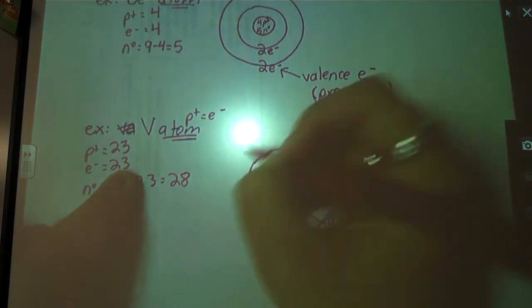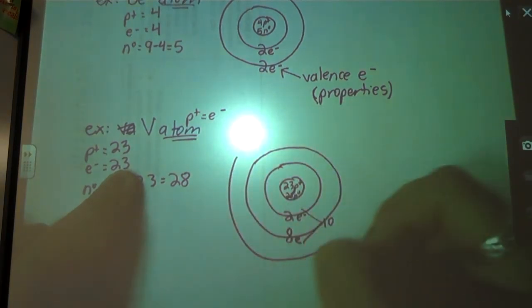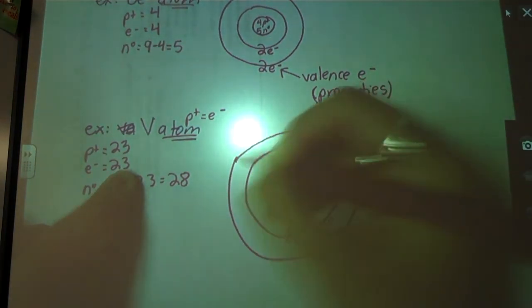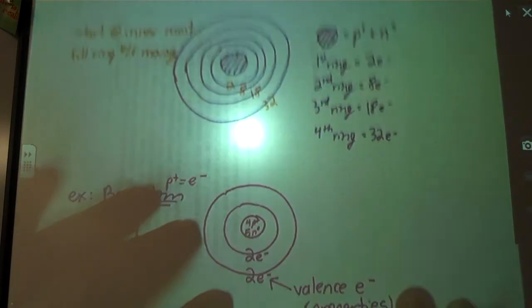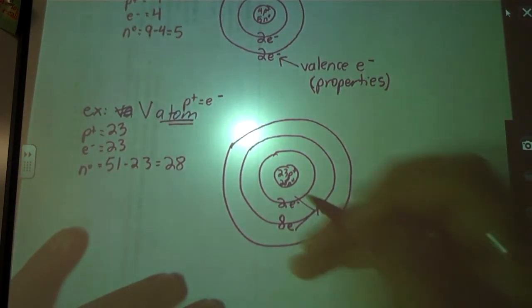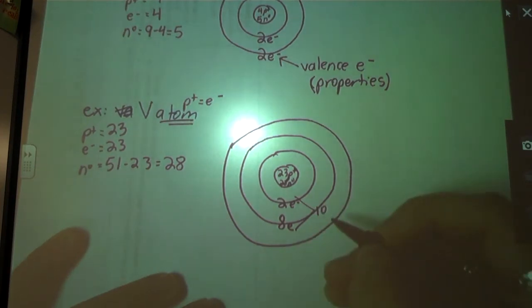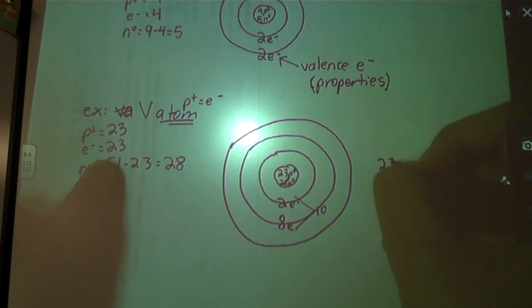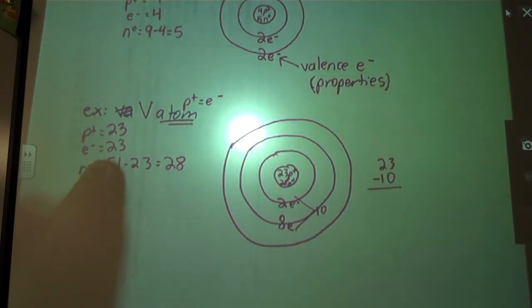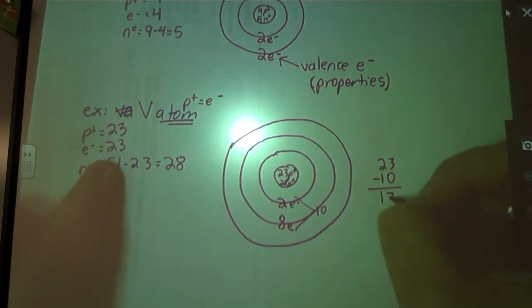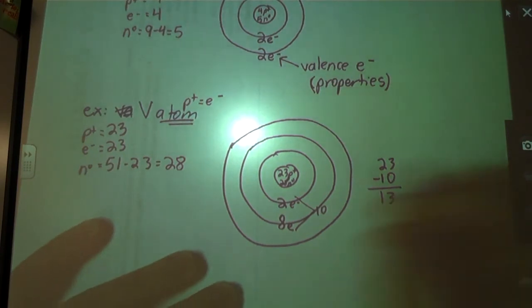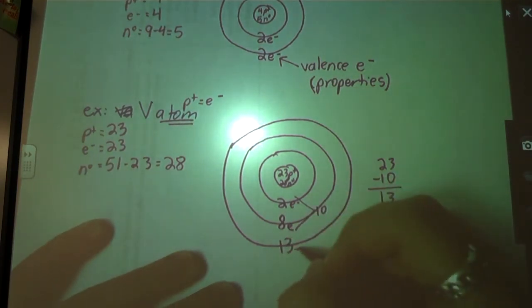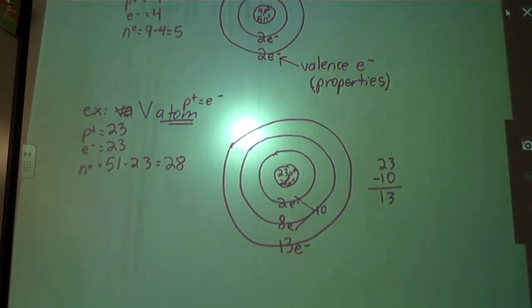I'm not done yet, gotta keep going. Third ring, if you remember, can hold 18 electrons. I've already placed 10, and I gotta get to 23. That leaves me with only 13 electrons left. So I can't fill this outermost ring. I gotta stop at 13.